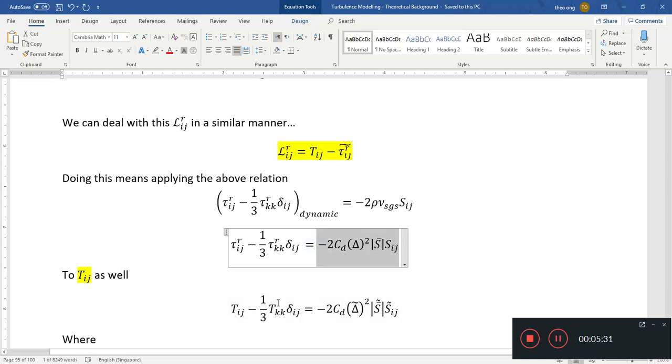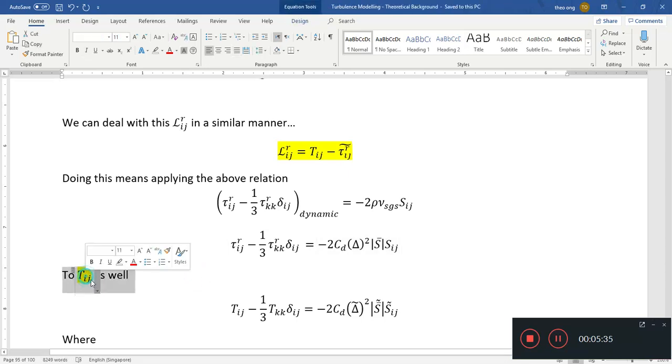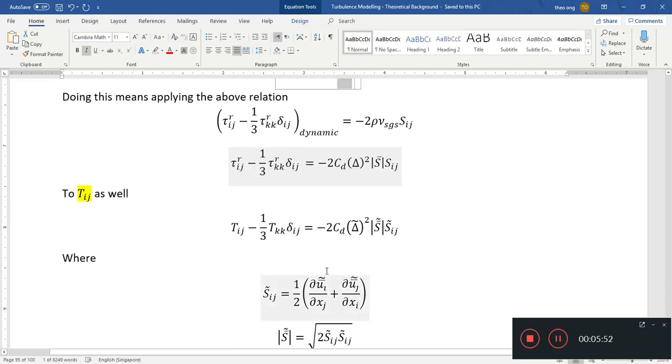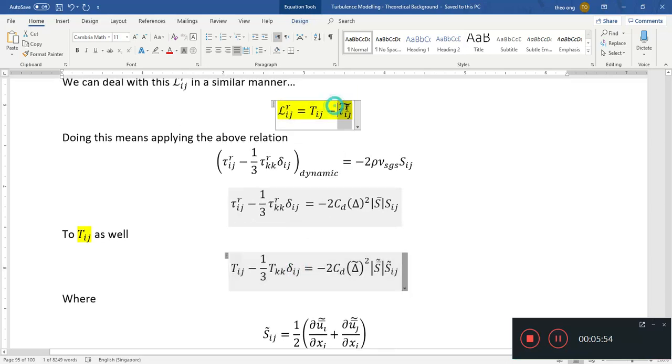We try and do the same thing to T_ij as well. Remember, in the Germano identity, it is L_ij plus the filtered part of the subgrid stress tensor. And remember, this thing is filtered, so it's slightly different.